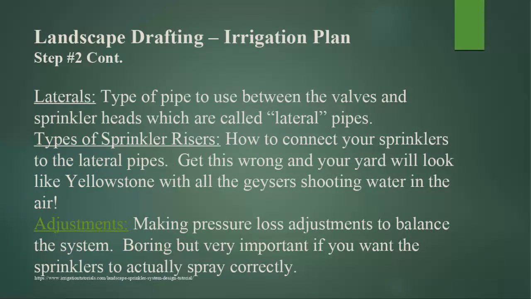On that, most newer timers let you set different watering cycles. You can set one watering cycle, say for your lawn area, to come on at a certain time, with a certain duration for the zones.